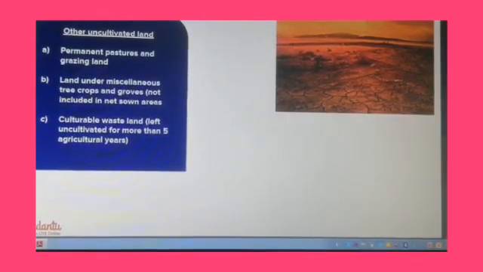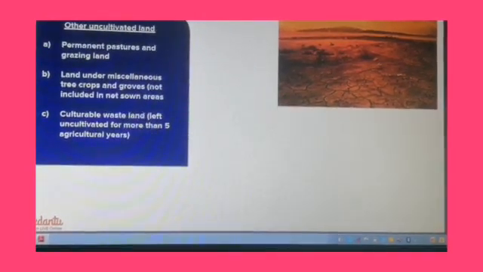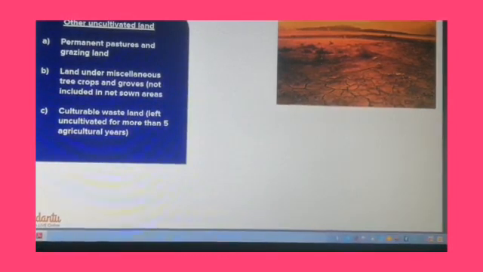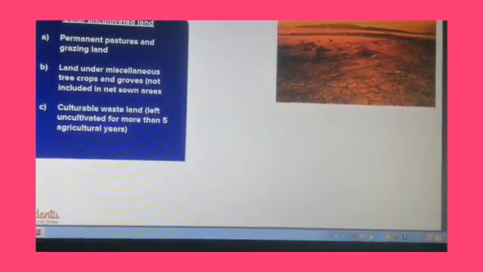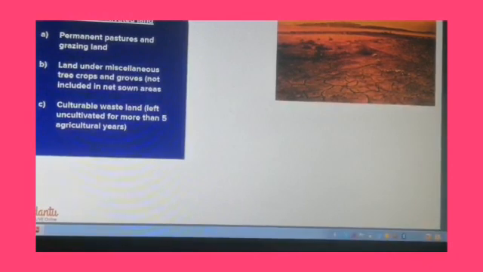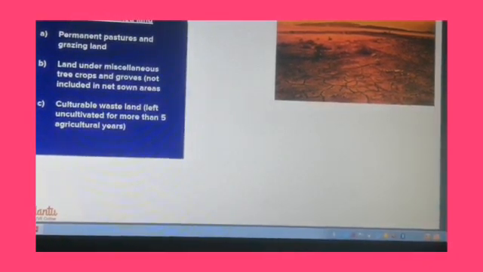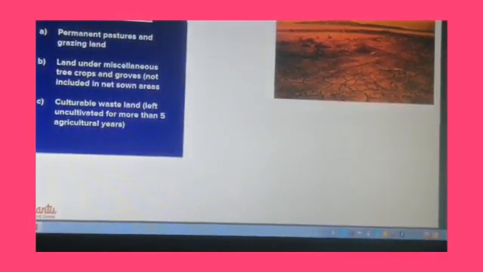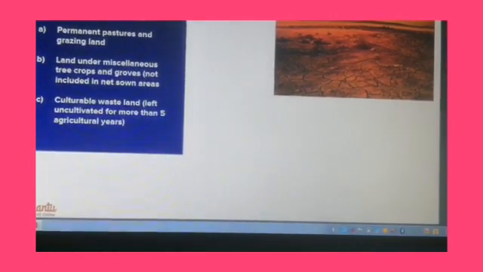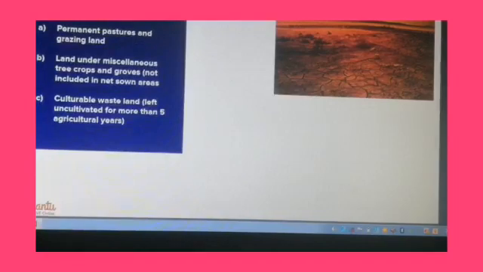It is for grazing, which we call gomaala in Kannada. Land under miscellaneous tree crops and groves not included in the net sown area. Some miscellaneous tree crops we are growing, but they are not included in the net sown area.